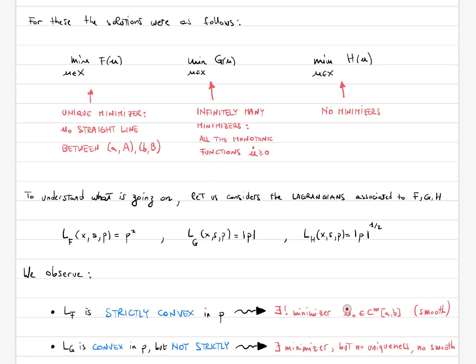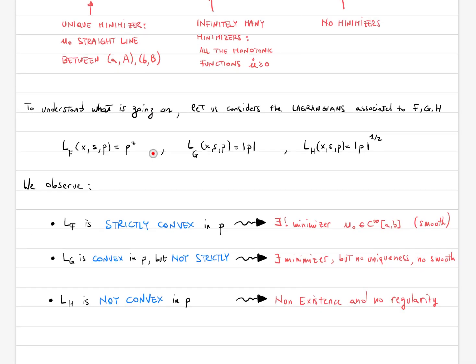So what we observe in this case is that L of f is strictly convex in p. And we will see in the future, if you don't know what it means, we will remind the definition of strictly convex. But basically it looks like this around 0.